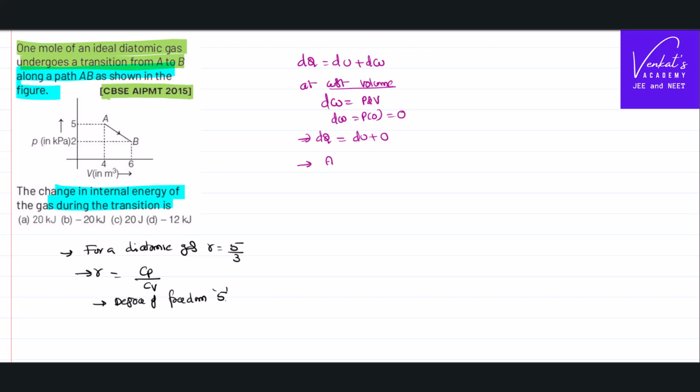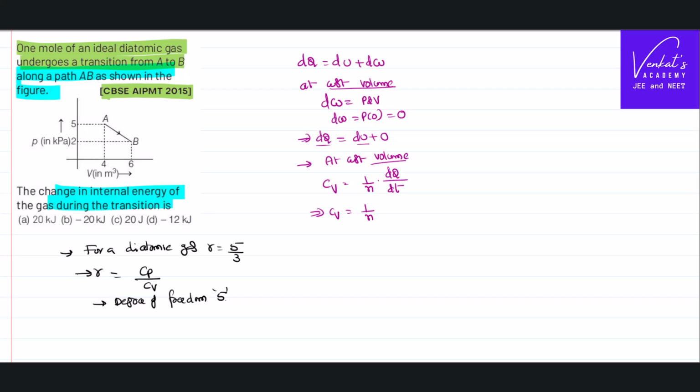Basing on that, we can say specific heat of a gas at constant volume is amount of heat energy required to raise unit mole of the gas by 1 degree centigrade. But when you say volume is constant, in the place of dq, I can write du itself.